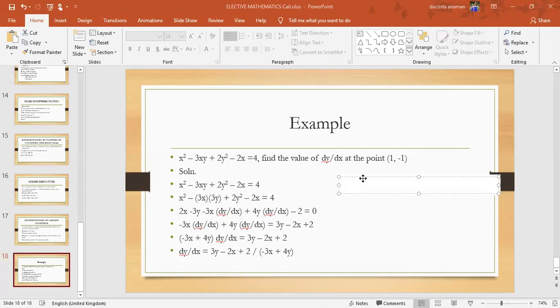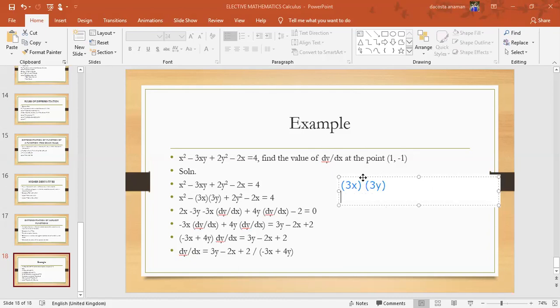Okay, so you have 3x and 3y. This is u, this is v. So product rule: you pick the first one, then differentiate it with respect to the other, and you go on.